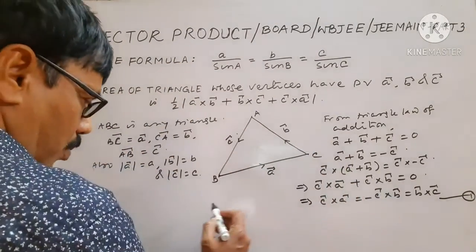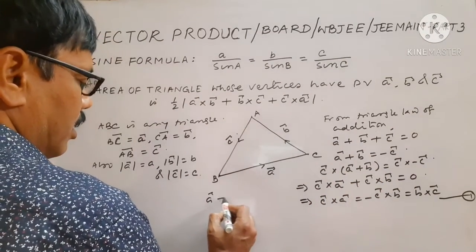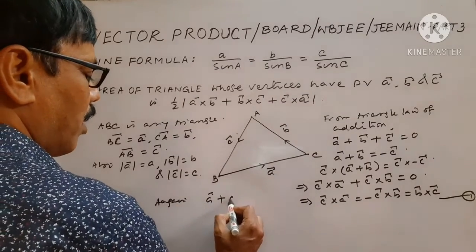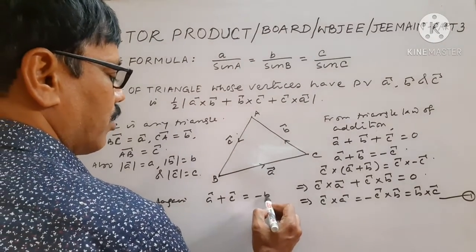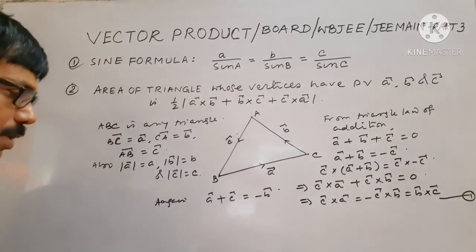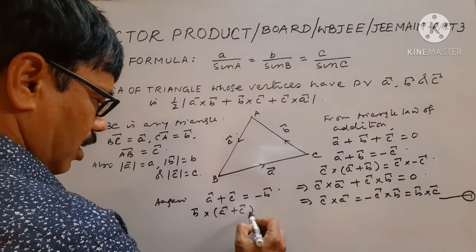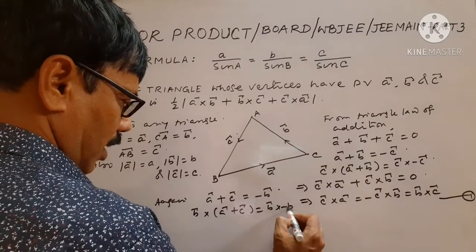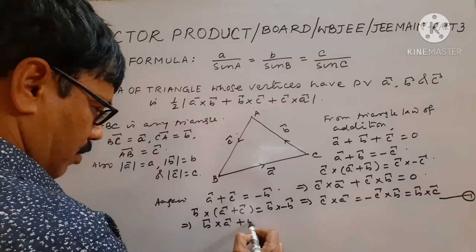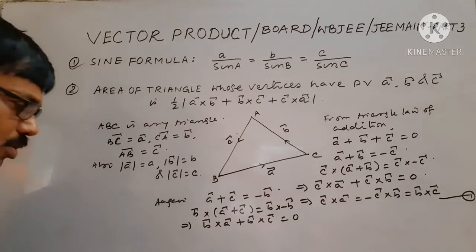Now, if we transfer B to the right hand side, A plus C equals minus B vector. So taking cross product with B vector, B cross (A plus C) equals B cross (minus B). So B cross A plus B cross C equals 0, this is 0.